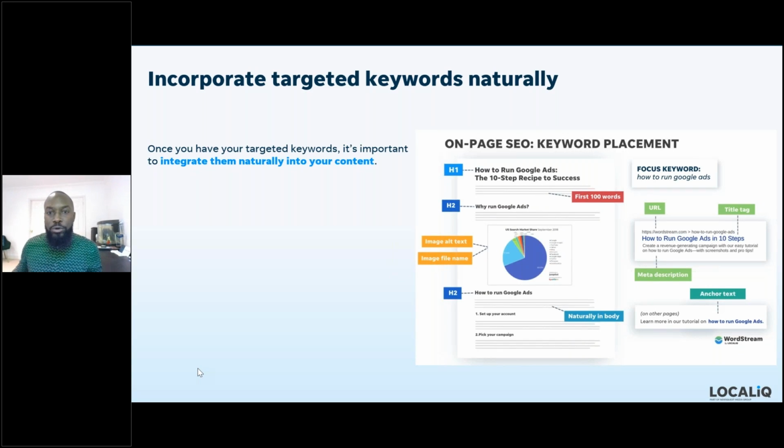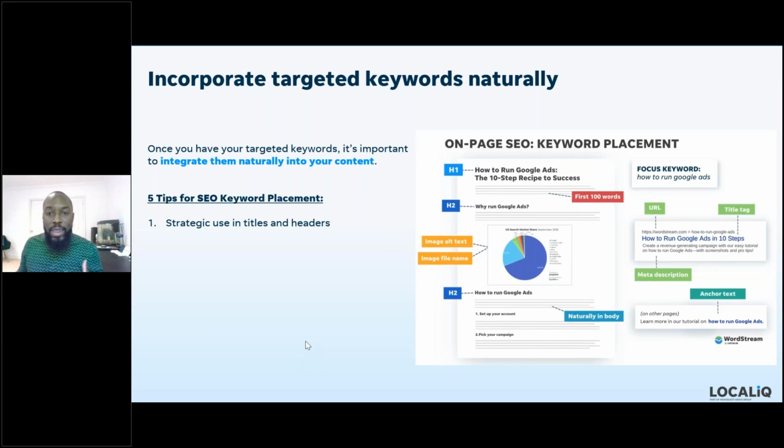By placing keywords in these strategic areas, your business will increase the likelihood of the search engines being able to recognize your content and understand that your content is relevant to what people are searching for, right? And if it understands that, it's going to rank your content even higher. So here are some tips on how you can naturally weave keywords into your content and help boost your SEO.